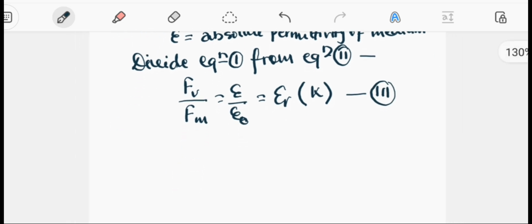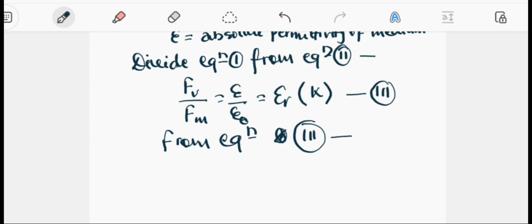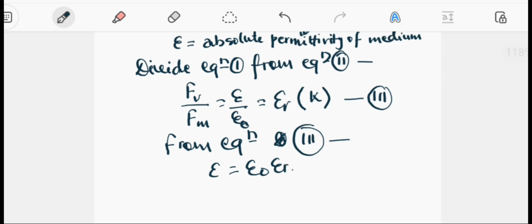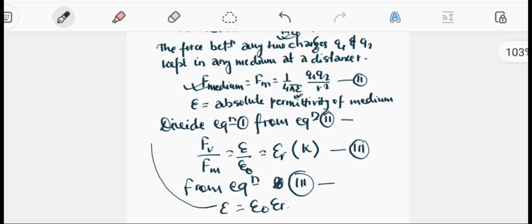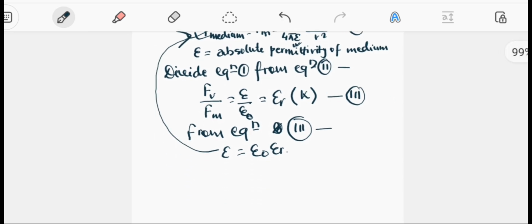Now students, from equation 3 we can see clearly that epsilon is equal to epsilon naught into epsilon R. Now if we substitute this value in equation 2, what do we get over here?